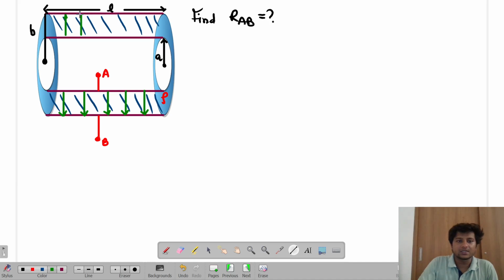So can I imagine that a solid cylinder is made up of infinite hollow cylinders? Yes, definitely, we can imagine.